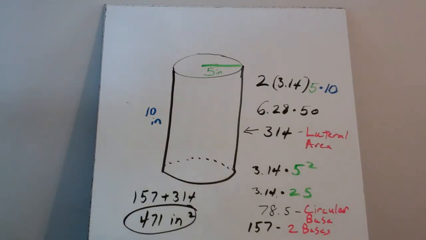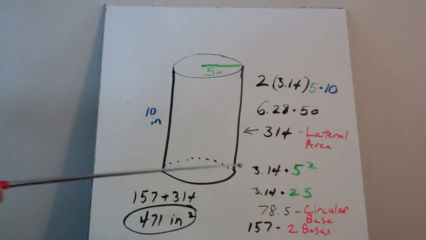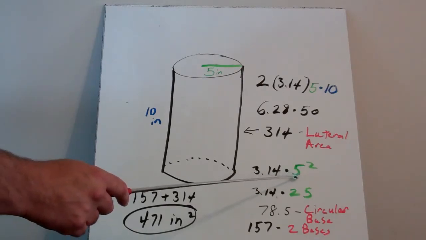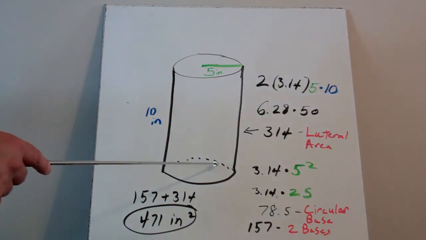Then I need to find the area of the circular base. So 3.14 times 5 squared. Okay, we're going to use pi r squared for that. So 3.14 times 25 leaves me with 78.5, and that is just for one circular base. But there are two bases. There's this base here and this base here.